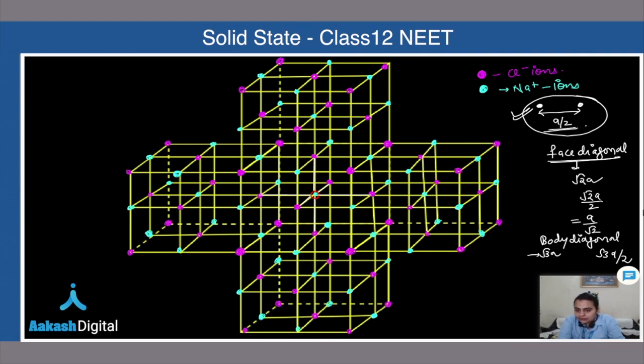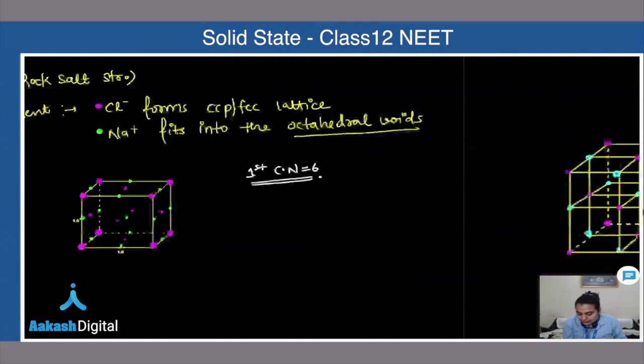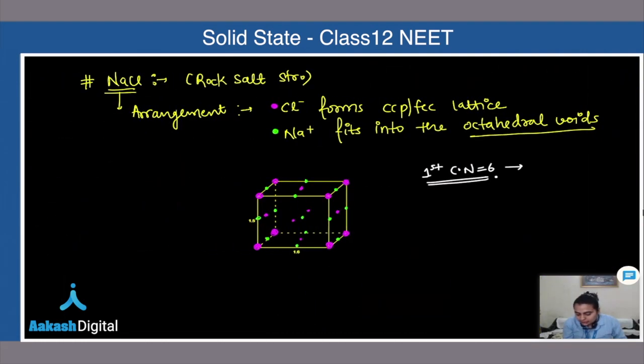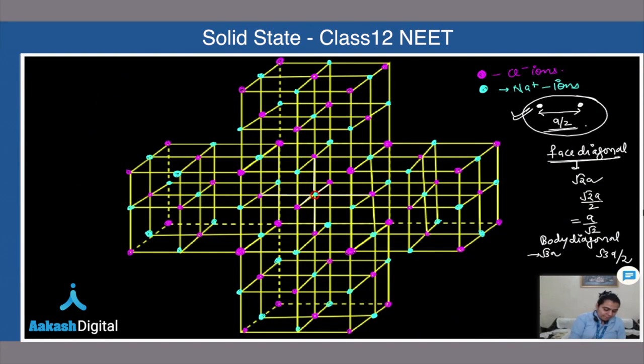Na positive ions. So the second contribution will be by the Na positive, whereas the first contribution was made by the Cl negative ions, which are at a distance of a/2. If I mark these by color, what color should we choose? Let us choose the red.